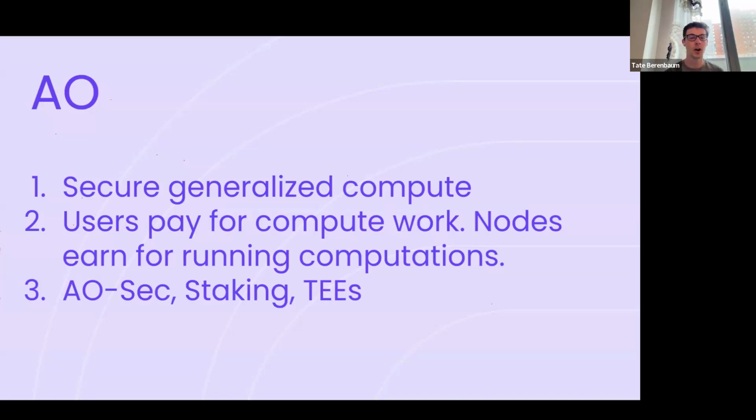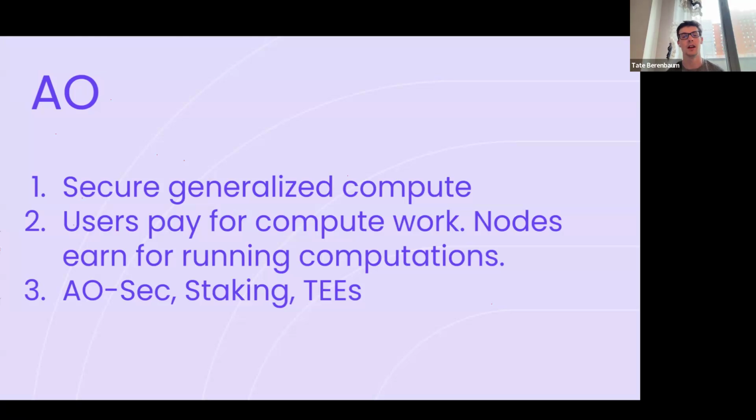The reward function is a process called AOSEC. There's also a staking mechanism there that incentivizes nodes to not act against the network because they would lose something if someone else was able to prove that they did.